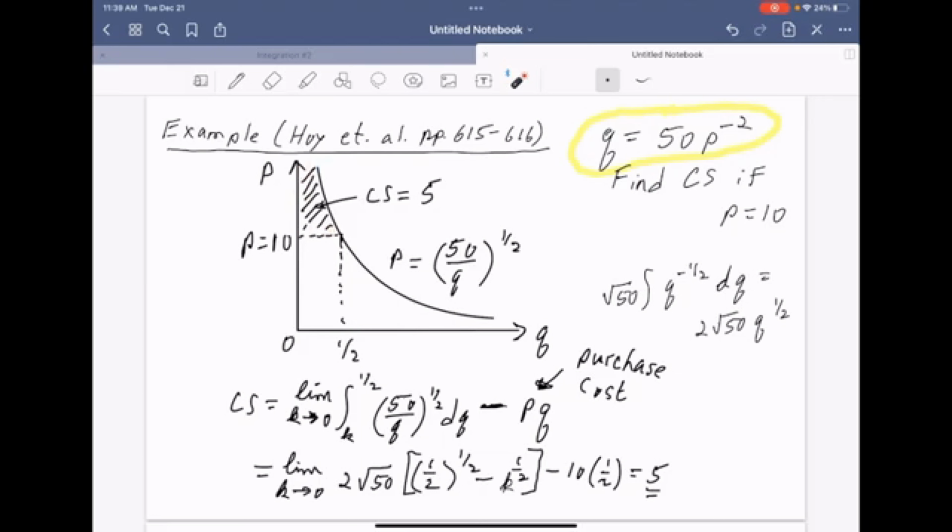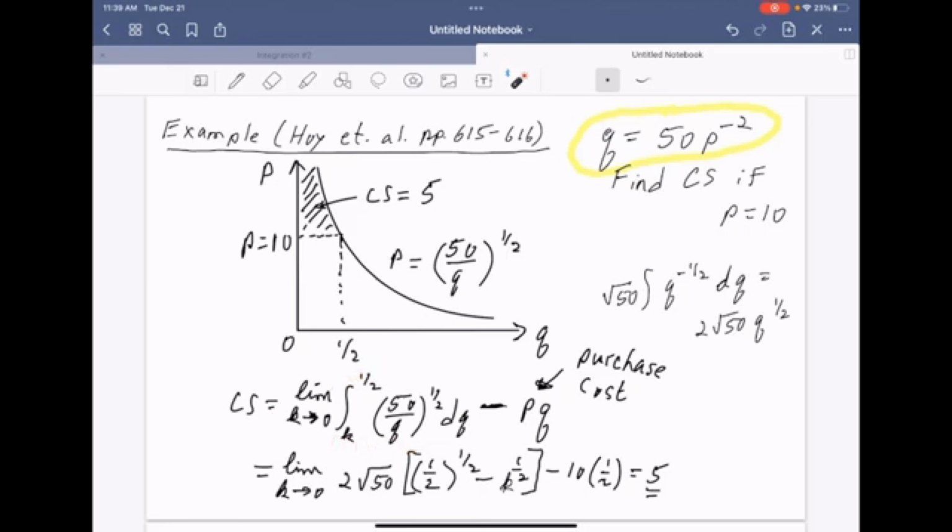But when we integrate from 0 to 1/2, we capture not only this shaded area, but also this area here, 10 times 1/2, or 5, which is equal to the purchase cost. So we have to subtract that from the integral that we get, this integrated area here. And once we do that, we should come up with the correct answer, which will turn out to be a consumer surplus of 5.